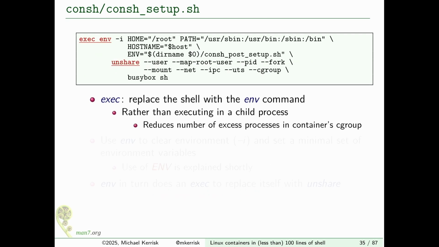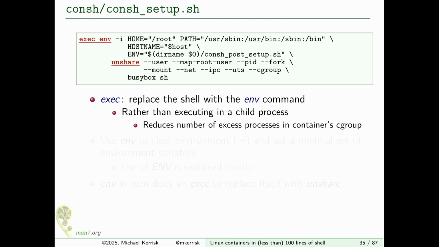Now, the next step in my shell script, I use exec. I don't know if you're familiar with the shell command exec. What exec says is replace this shell with a different program. It's the same process. It was running a shell, but now the shell is saying, I don't need to be here anymore. Replace me with another program. And the program I'm replacing the shell with is another program called env.